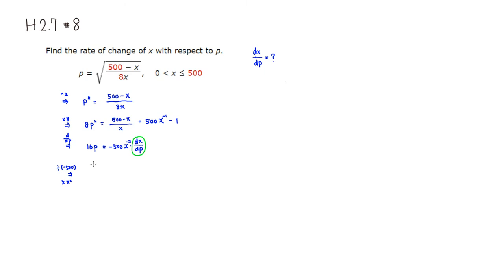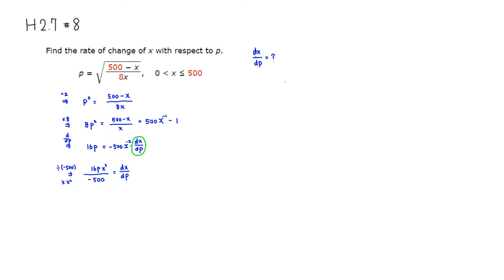So this is going to be 16p times x squared, divided by negative 500, and that's going to be equal to dx over dp.